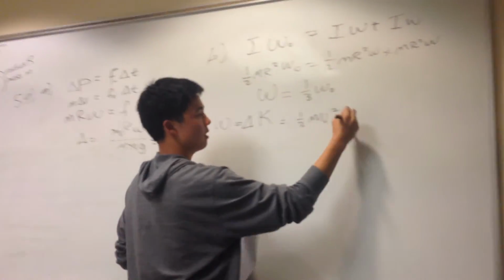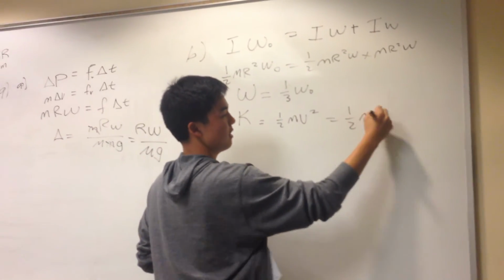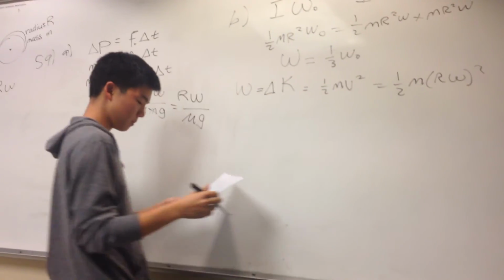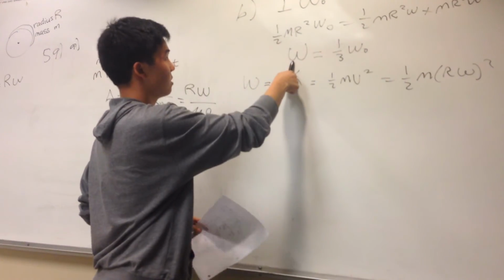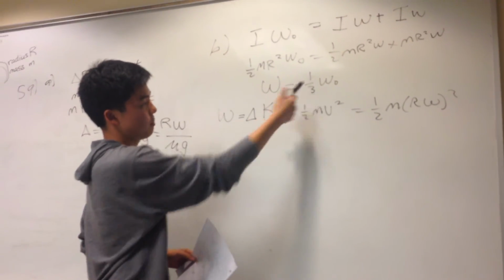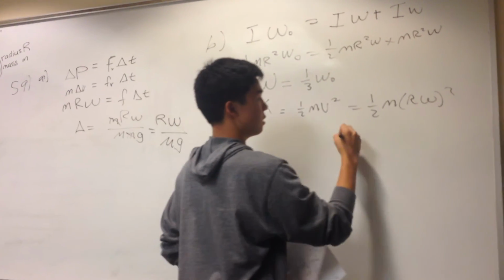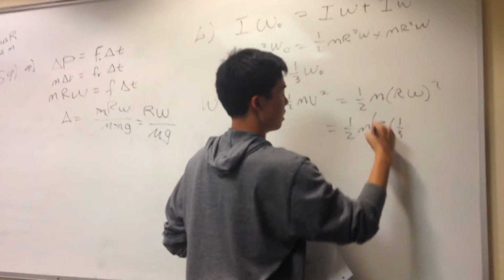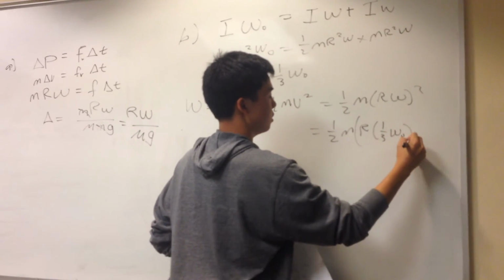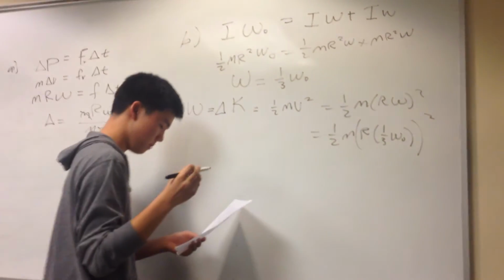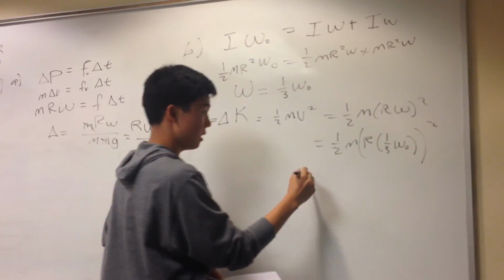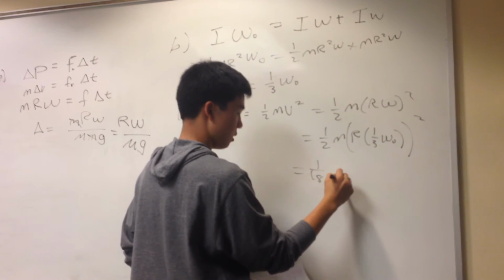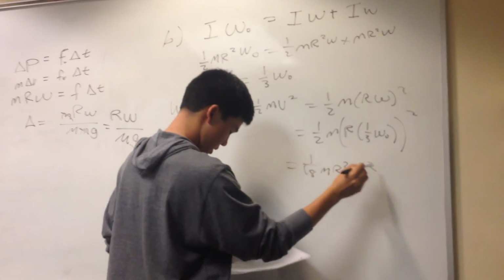So we'll plug in r omega for V. Now we found what omega was in the first part of part B. So that equals 1/2 m r 1/3 omega initial squared, and this equals 1/18 m r squared omega initial squared.